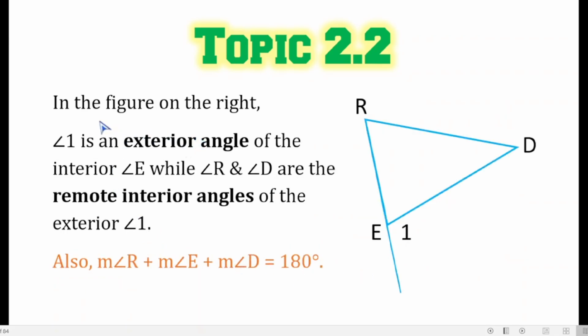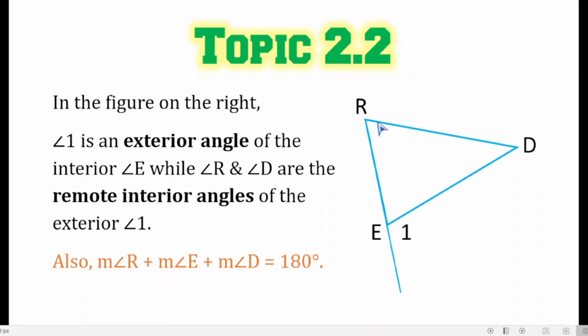So, in the figure on the right, angle 1 is an exterior angle. If you extend side RE, this is the exterior angle, the one adjacent to angle E. So this is angle E, and adjacent to it, forming a linear pair with it, is angle 1, the exterior angle.